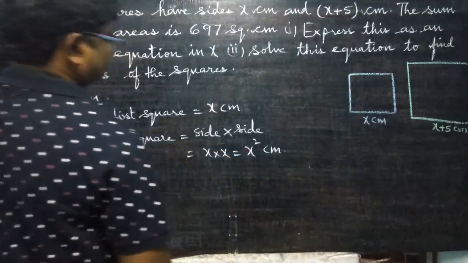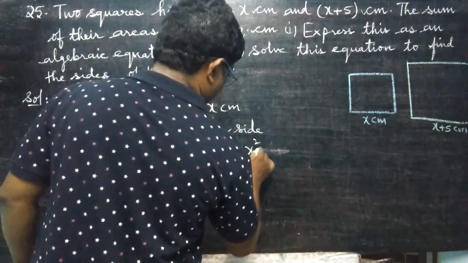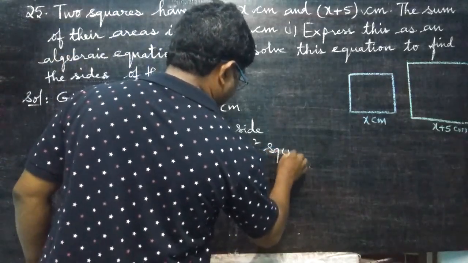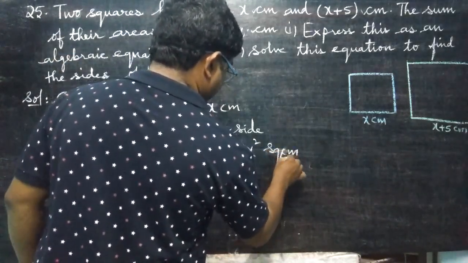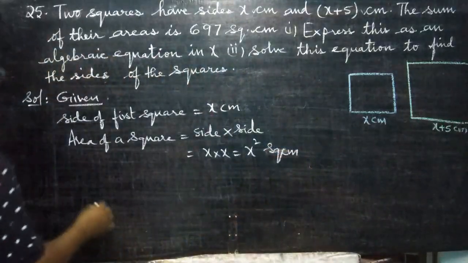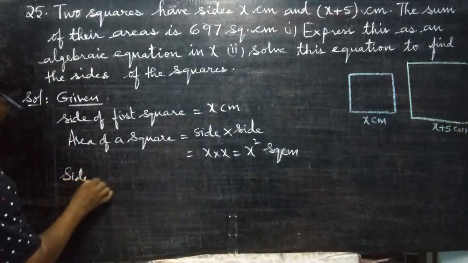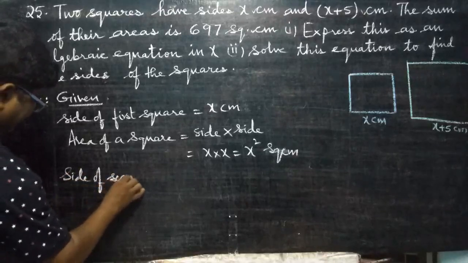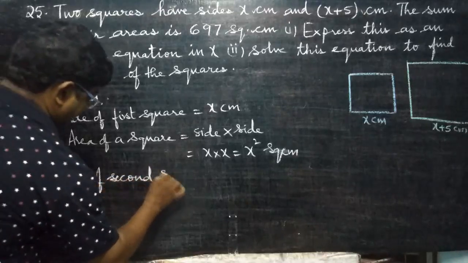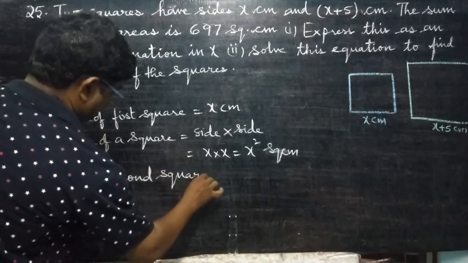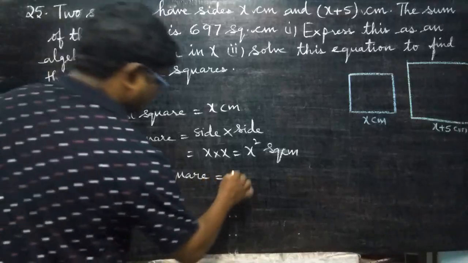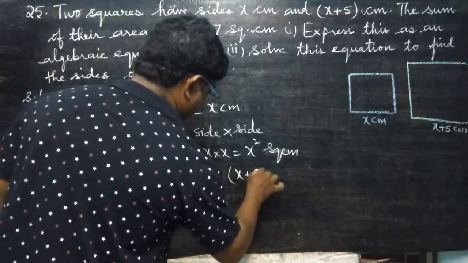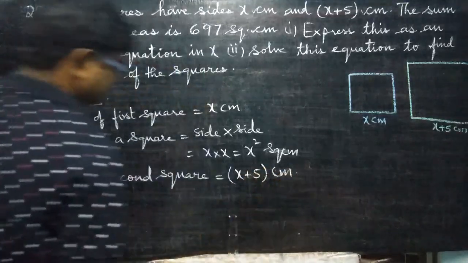Next, side of second square is equal to x plus 5 centimeters.